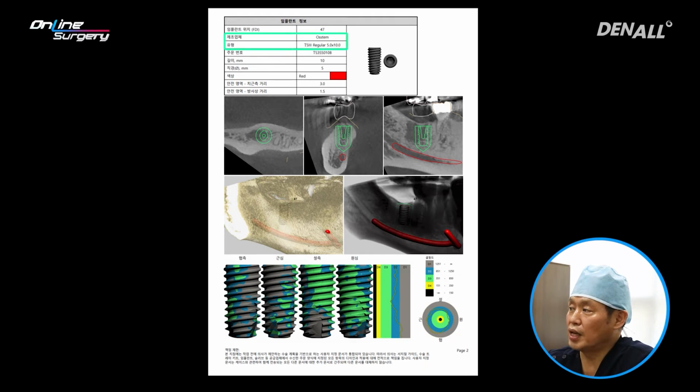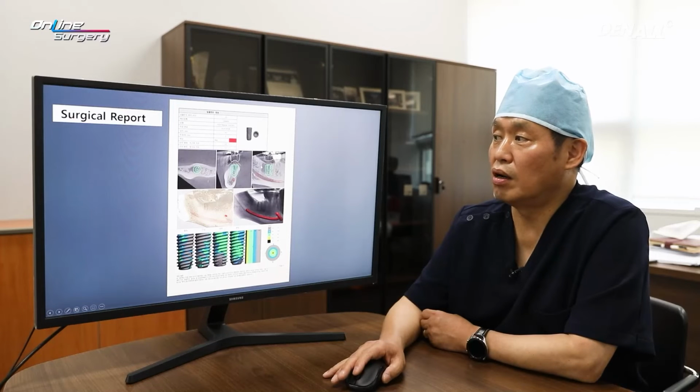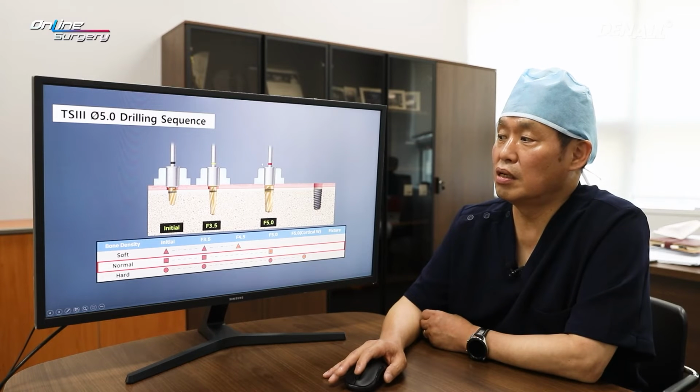A TS3BA diameter 5.0 by 10 millimeter implant was planned for surgery. On CT, once healed, in the distal area of where the fixture is going to be placed, the bone density may drop a little bit, but placement will not be very difficult.